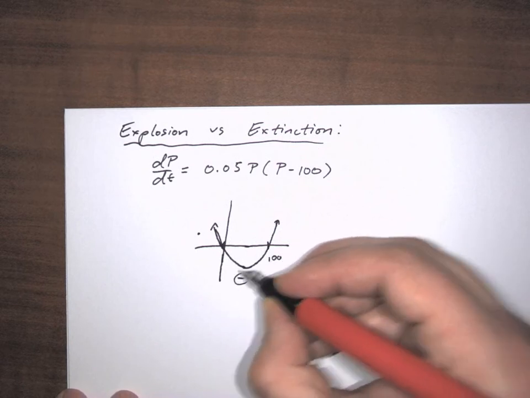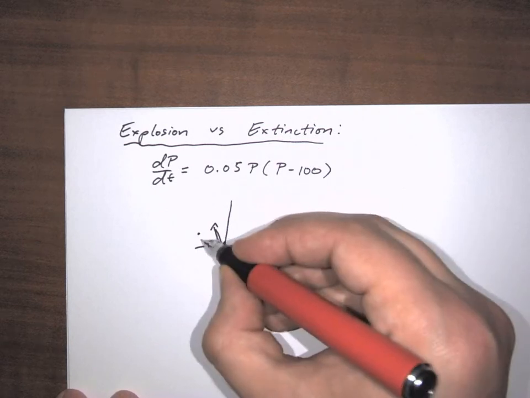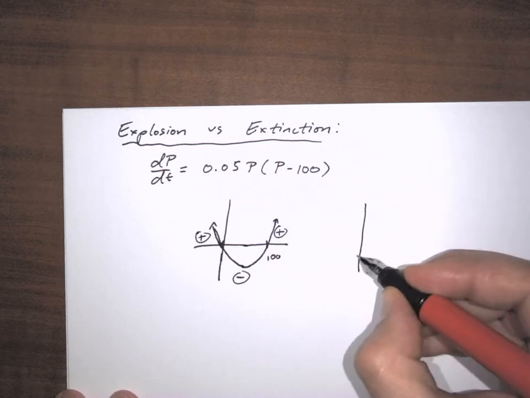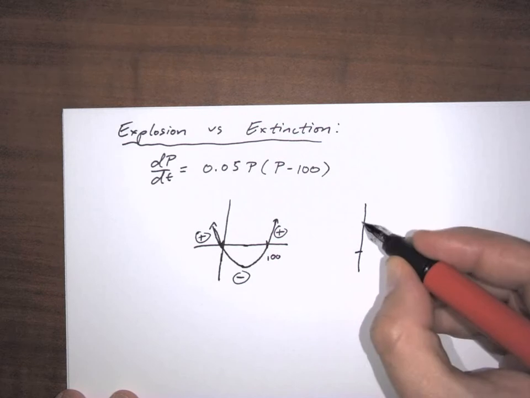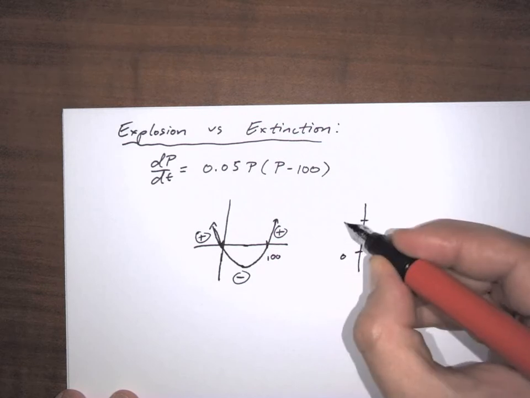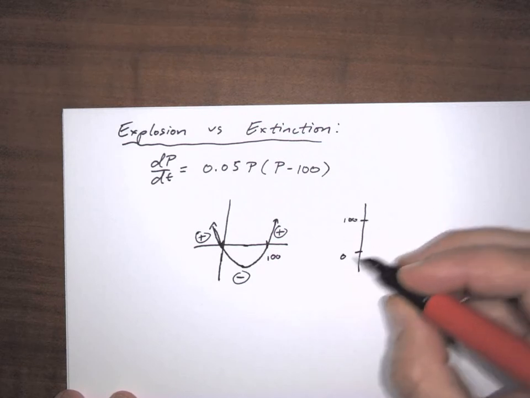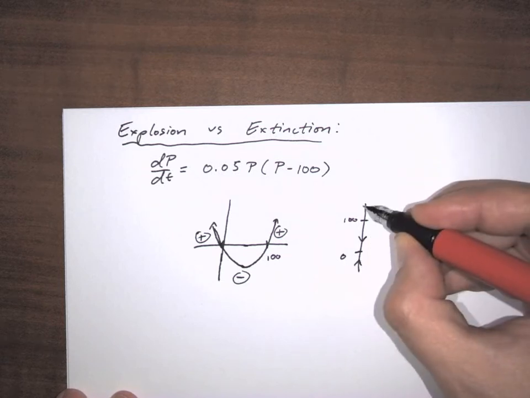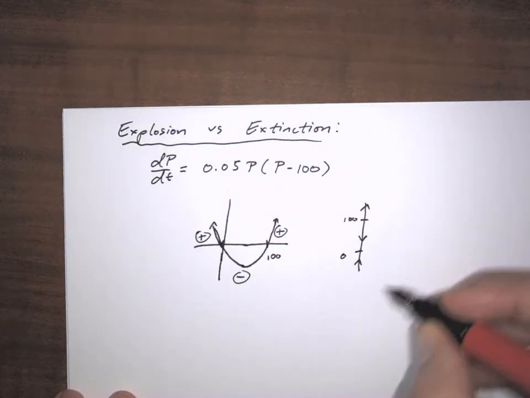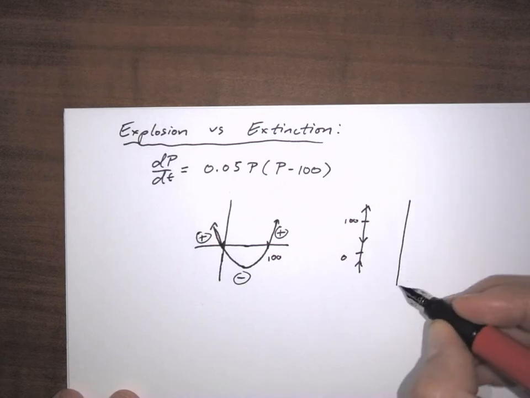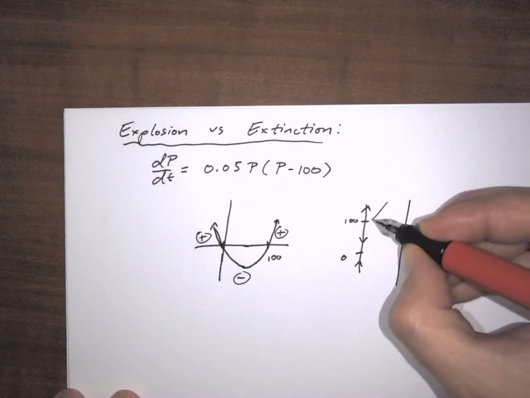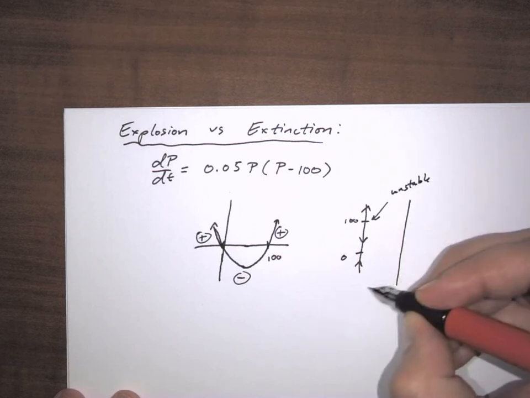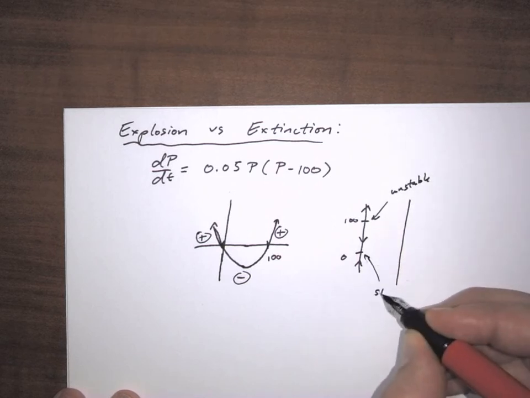So it's going to be minus, plus, and plus, which means that although it has the same two equilibria, 0 and 100, the behavior is opposite, which now marks this as unstable and this one as stable.